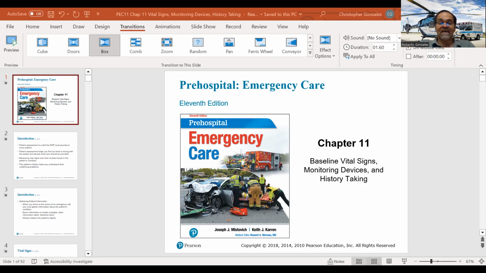Baseline vital signs are the first set of measurements that is taken, and that's what you're going to compare every other vital sign to. Later findings are compared to baseline vital signs, and they usually detect the trends. Some vital signs are detected by looking, listening, and feeling. Other vital signs are measured by special equipment.